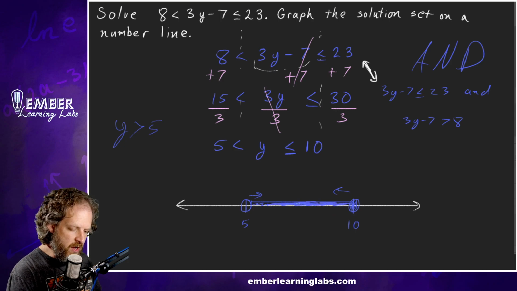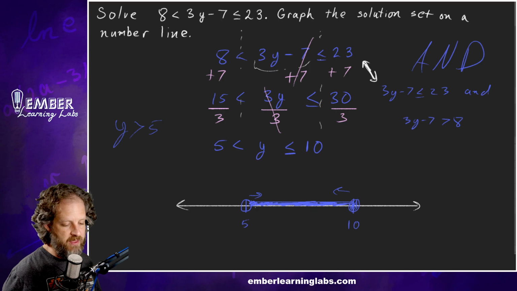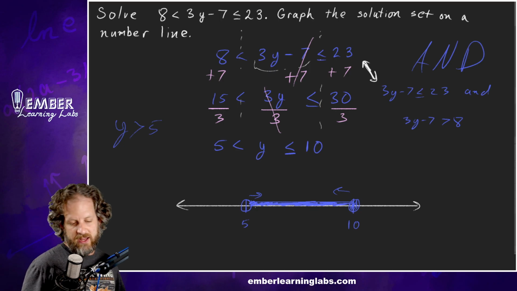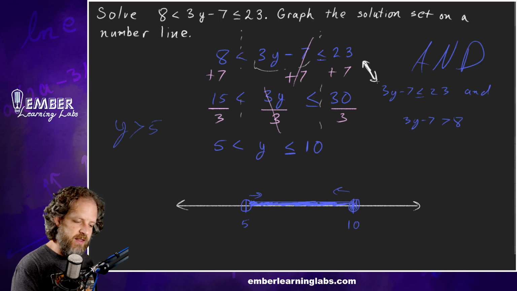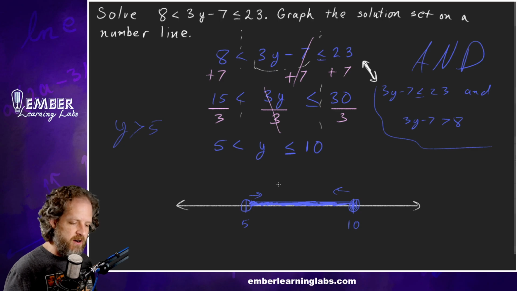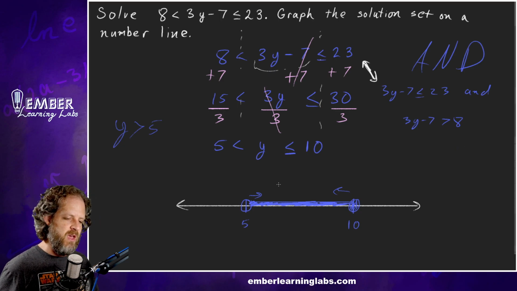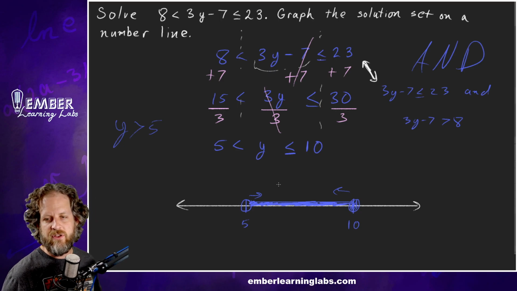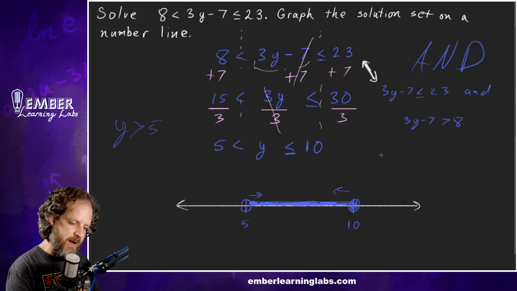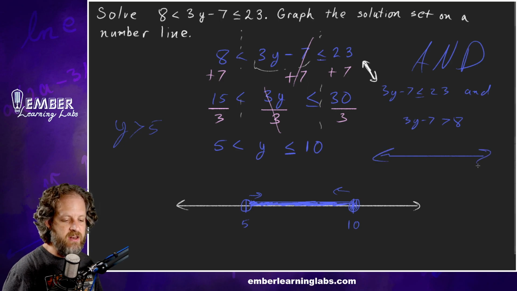Now, I will note it is possible on these here that if it's written in an and format, it's hard to describe what I'm about to show you, but there can be a situation where we shade nothing.